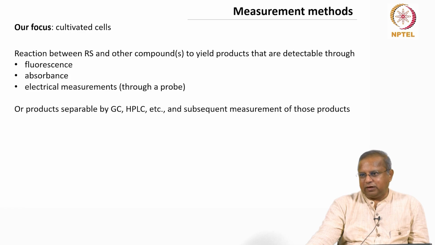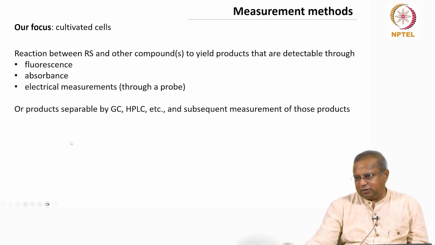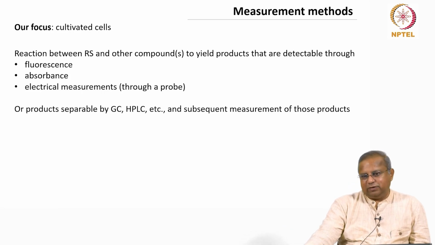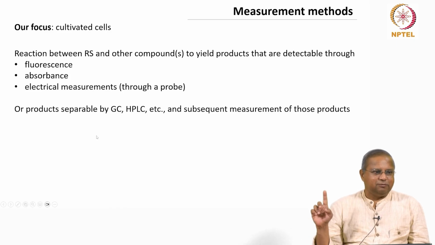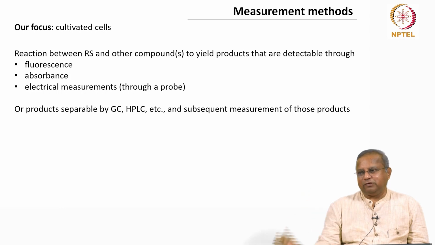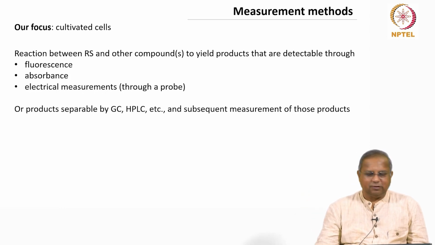EPR is still the gold standard, but it's very difficult to interpret, especially when you have mixtures of reactive species, when you have superoxide, hydroxyl, and all mixed up together, which you typically have in a cell. Very difficult to deconvolute them. Whereas if you have a single reactive species, that's the gold standard. Expensive method, but that's the gold standard.